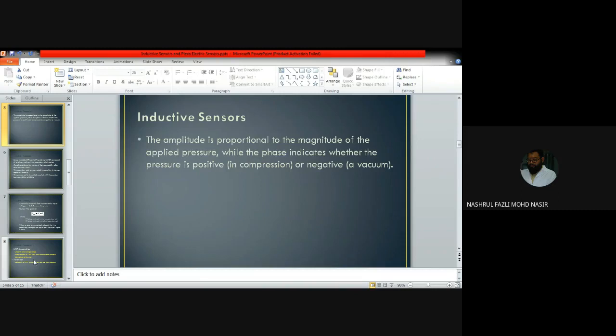This is how we get the reading of the blood pressure, just to give you some imagination of how we got the reading. The amplitude is proportional to the magnitude of the blood pressure, while the phase indicates whether the pressure is positive, meaning it is in compression, or negative, meaning it is in vacuum.